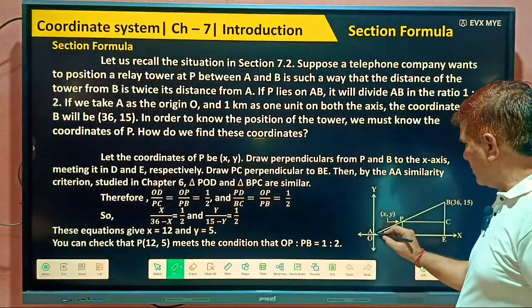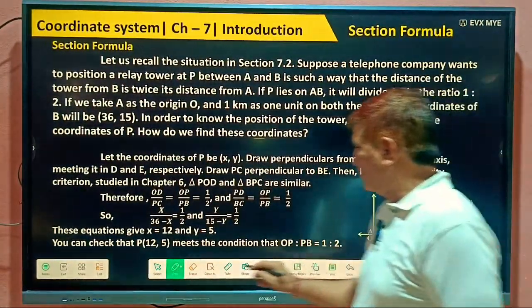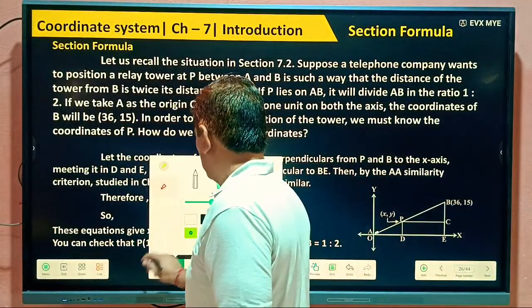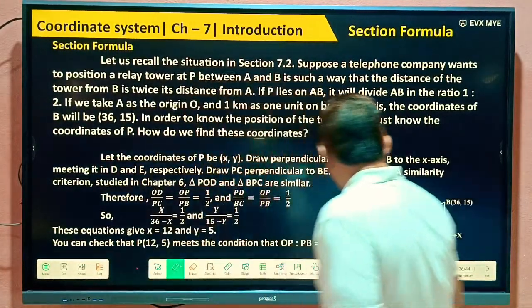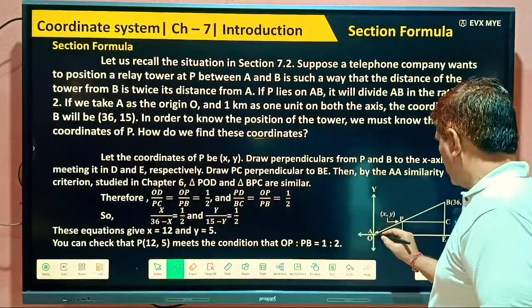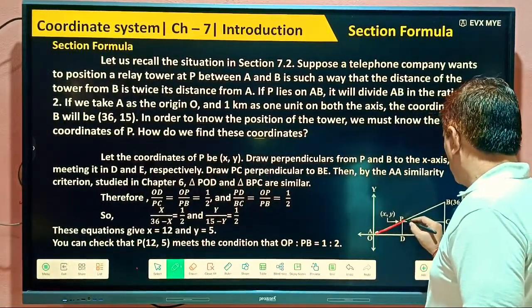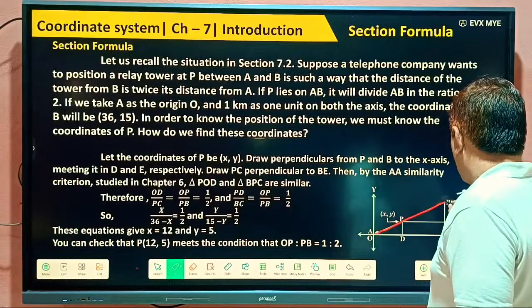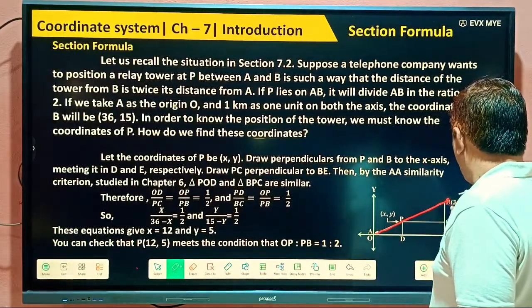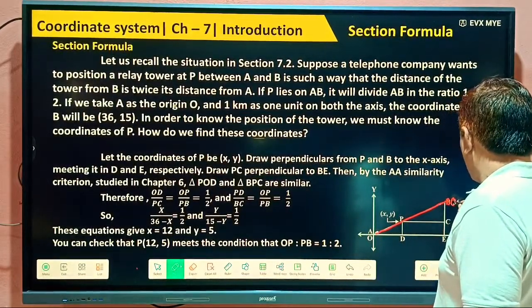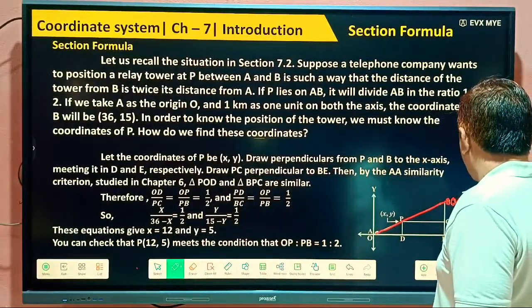This is the point B, whose coordinates are 36 and 15.